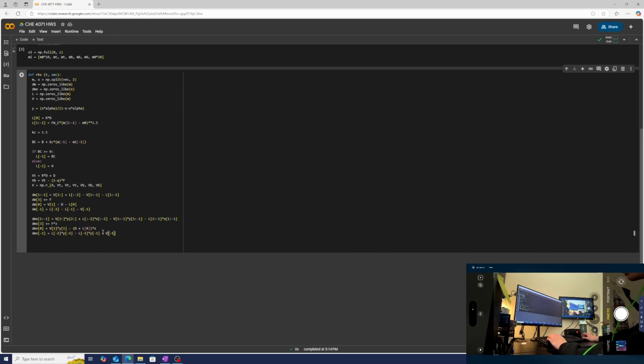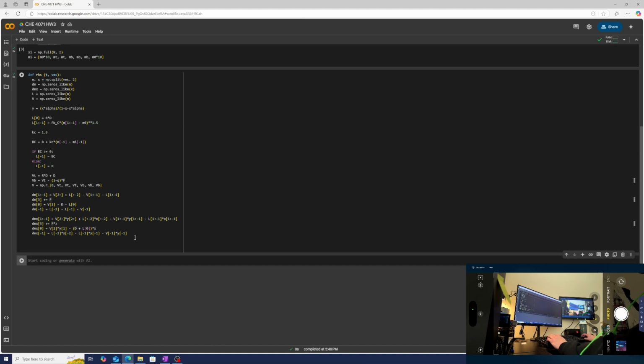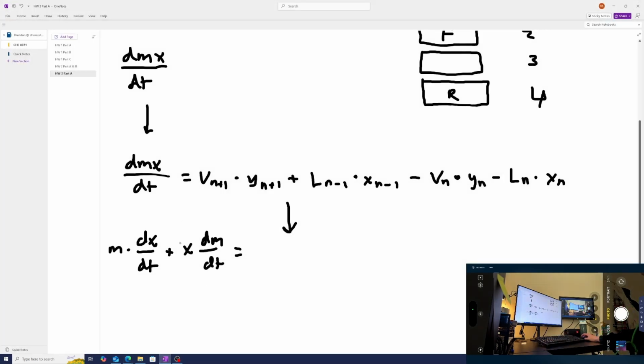And then, oh, these are both X's. X, X, and then our V multiplied by our Y, -1. See, so now we have our equation here.